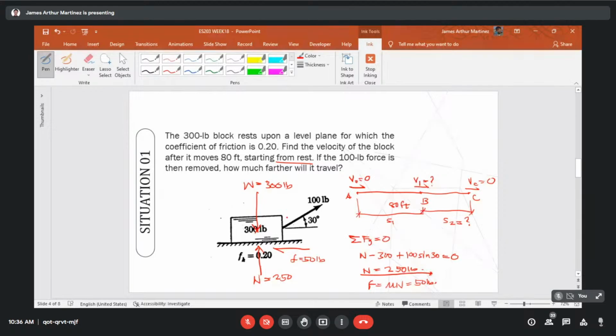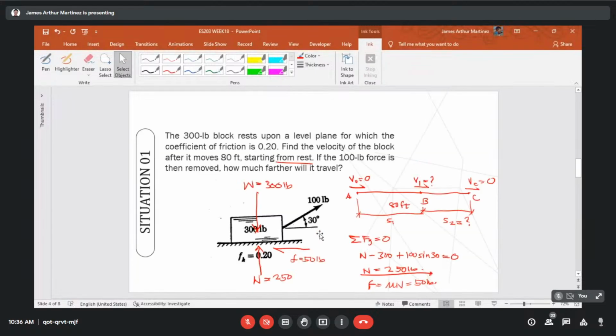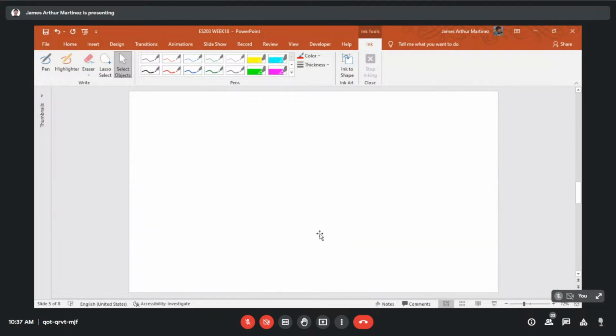Now that we have established the forces acting on our object, let us analyze this using the work-energy equation. First, for the first question, how much is the velocity after it moves 80 feet? We have the summation of forces multiplied by the displacement equal to weight over 2g times the quantity velocity squared minus initial velocity squared.